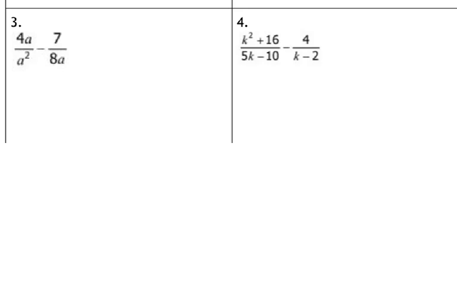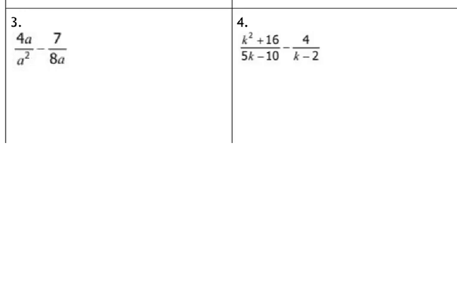So if you look at example number 3, your focus should be in the denominator. The denominator of the first fraction is a squared. The denominator of the second fraction is 8a, and we are subtracting those fractions. So to get the common denominator, you need to have the same number of variables and the same coefficient in both denominators. So if you notice, in the first fraction, we have variable a, but we don't have an 8.